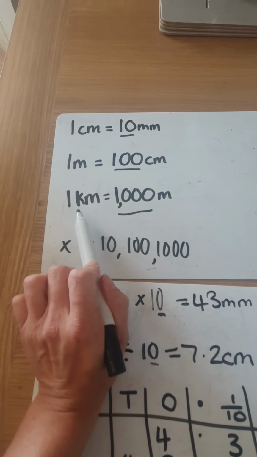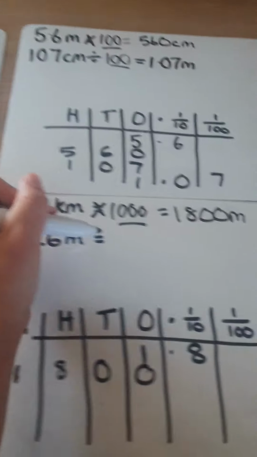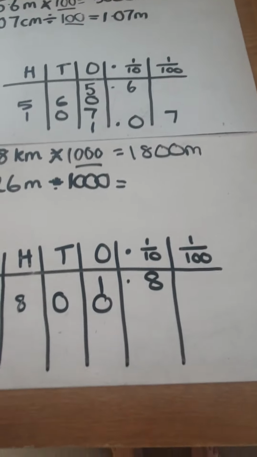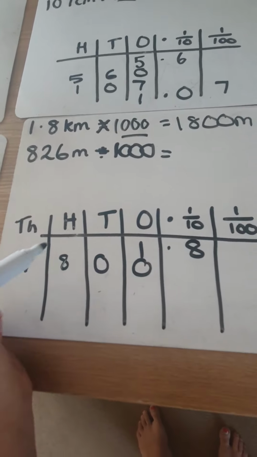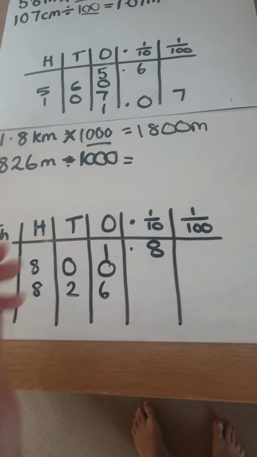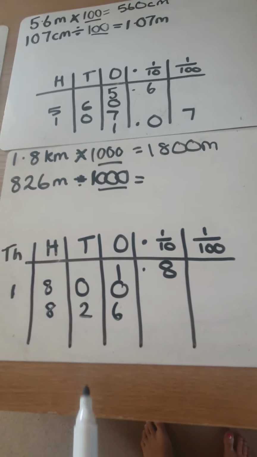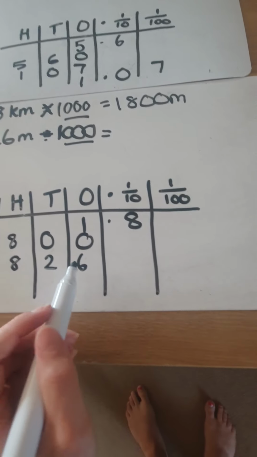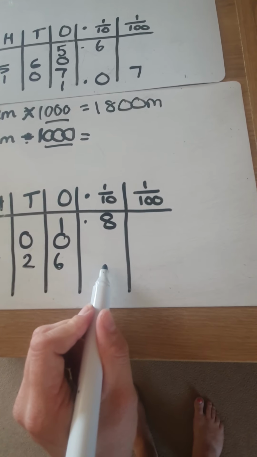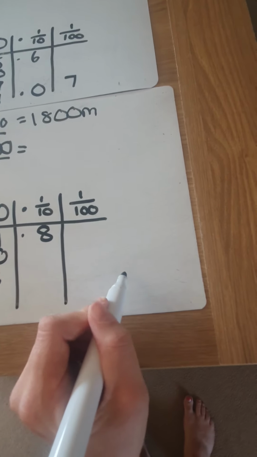826 metres. We're going from metres to kilometres, so there are less, so we divide. You're dividing by 1,000 because there are 1,000 metres. You need to write your number in, so 826. You're going to be moving it 3 places because there are 3 placeholders. So we're going to move the 6 from the ones to the tenths to the hundredths to the thousandths.